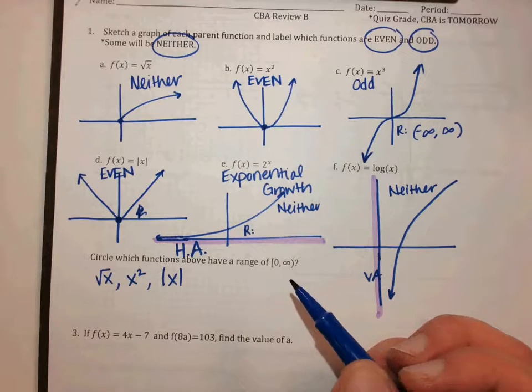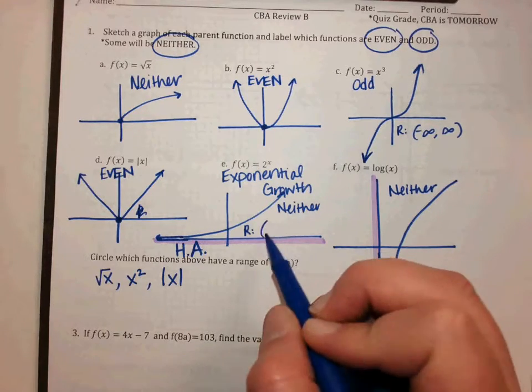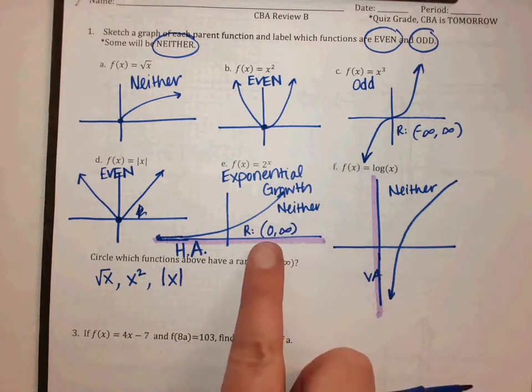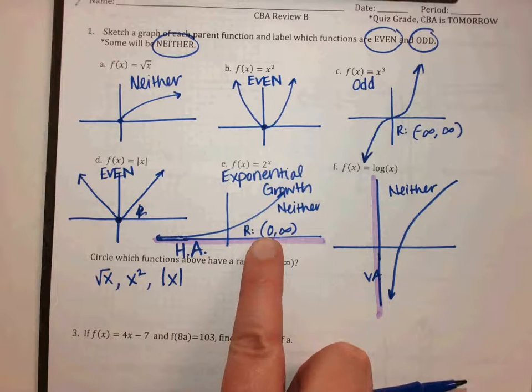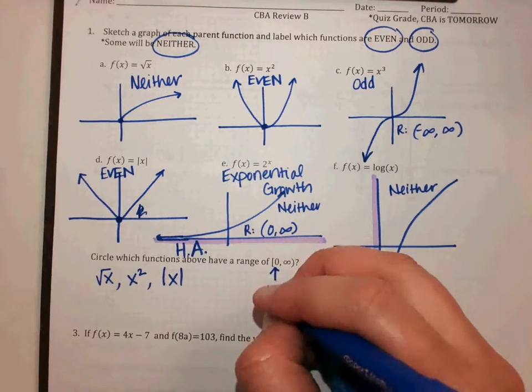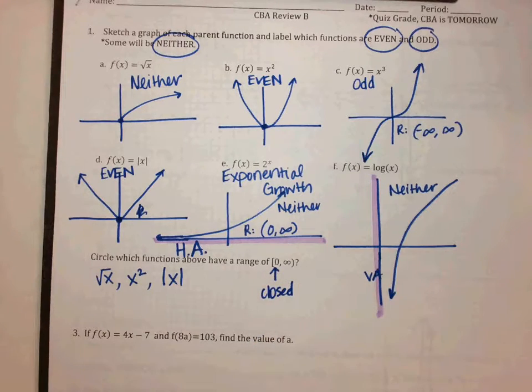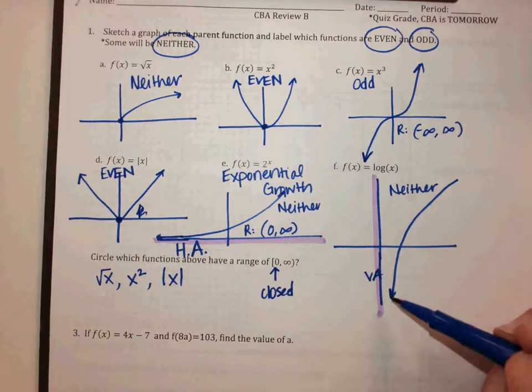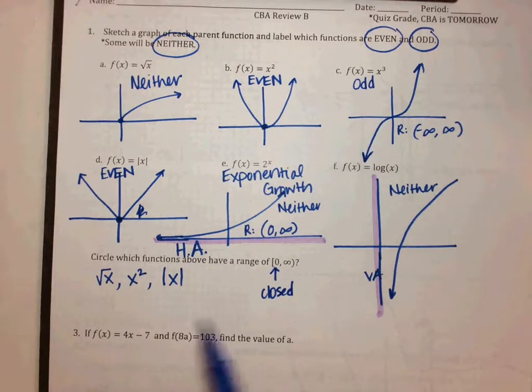Okay, but does it ever touch 0? No. So instead of putting a bracket here, what should I have? An open parenthesis. So does that fit this? No, this one has a bracket. That means it has to be closed at 0. It has to touch 0. My asymptote cannot touch 0, so I do not list that. Okay, then what about log x? Is the lowest point 0? No. So it would just be those three.